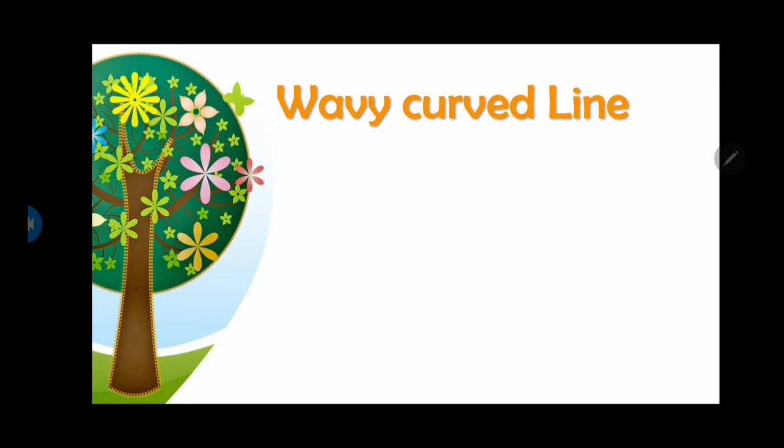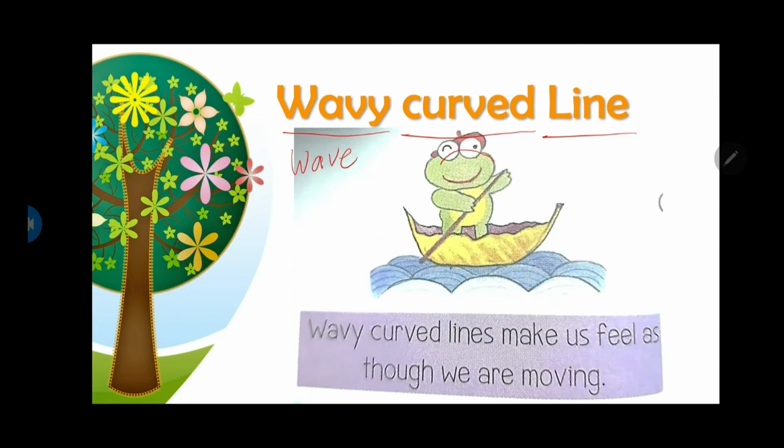Next, we have wavy curved line. Please underline the words: wavy from the word wave, and then curve for a slippery image, and then line. So how does it look? Look at this one. Wavy curved line makes us feel as though we are moving. So you imagine the waters of the sea, and that creates the image of a wavy curved line.